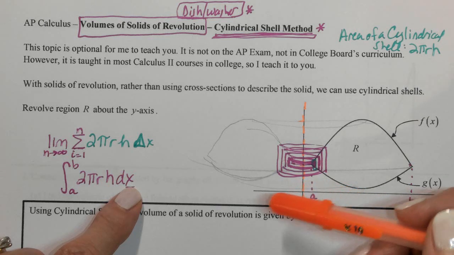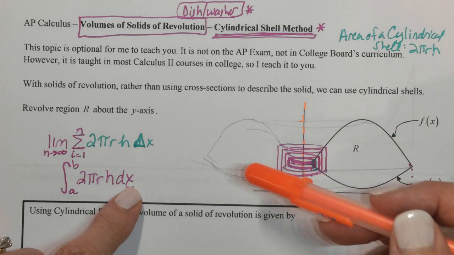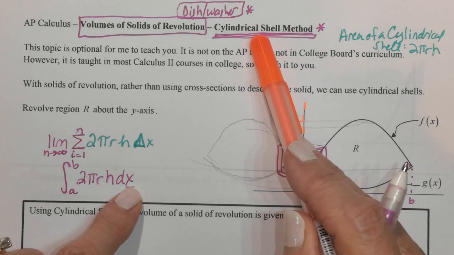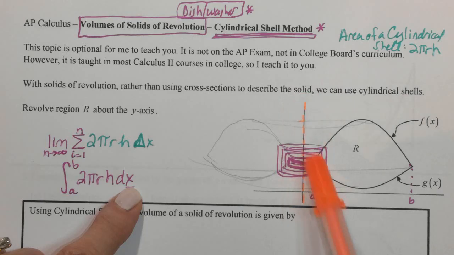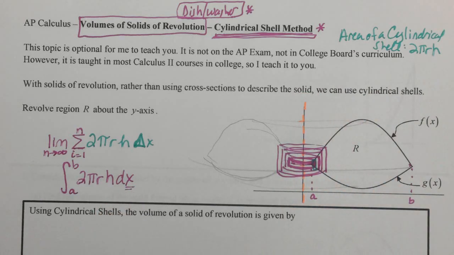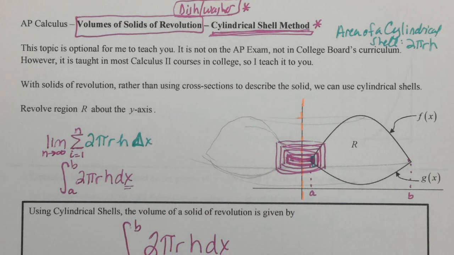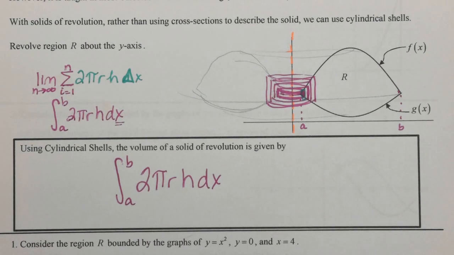So you will see me often, not always, often I will use the cylindrical shell method whenever I have a vertical axis of revolution. Okay? So, integral 2 pi r h delta x from a to b. And yes, you could have it as a dy, but in my mind, what's the point? I'd rather do a disk and washer. Okay?